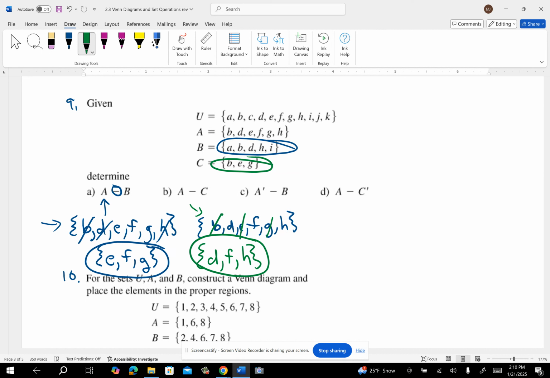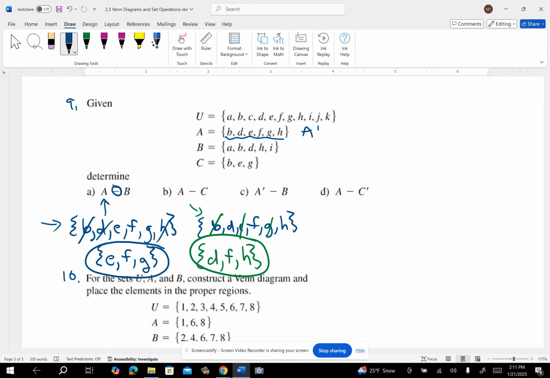Now, on C, we have the complement of A that we're going to need, and on D, we need the complement of C. So let's go ahead and do those two things right here. A's complement would be everything from the universal set except these, okay?